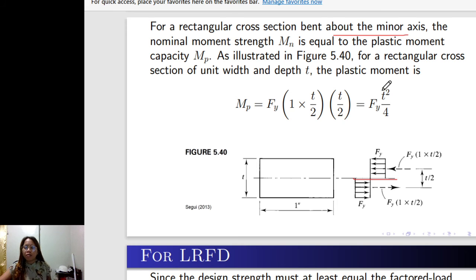So the plastic moment is equal to yield strength times t squared over 4.